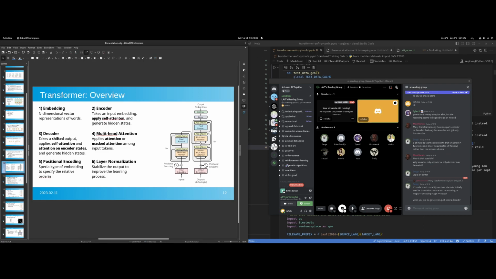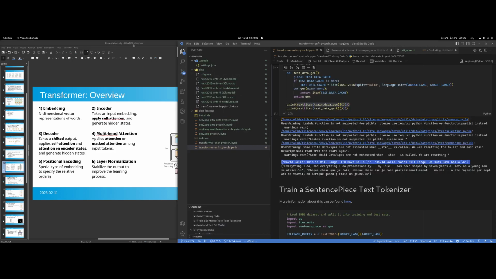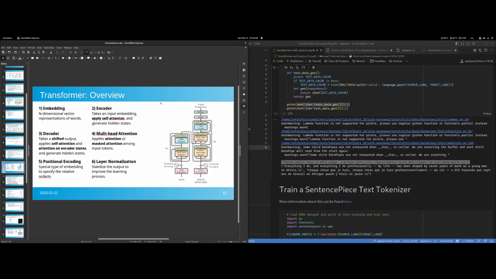So the idea is that the encoder is taking some input and converting it into some hidden representation, and then you can do whatever you want with that. So it's more like taking an input and generating some hidden state. It's trying to understand what the input is, while the decoder is a generator.